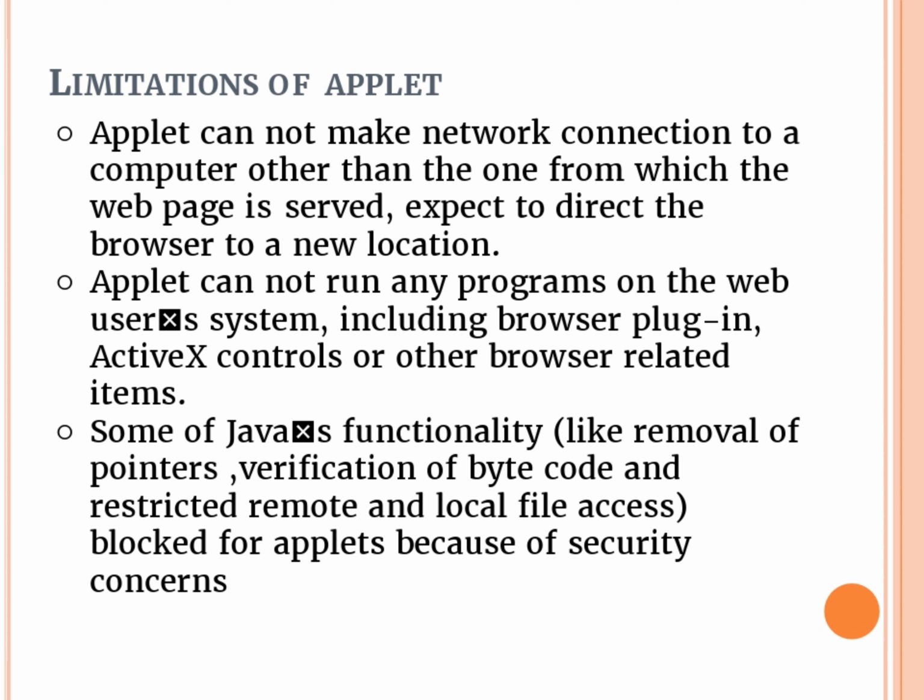Okay, so the most important point in the limitations of applets is that they are restricted due to security reasons. For example, they cannot access the client resources like local system files. So I hope you understand the limitations slide. Then we will move on to the next slide.